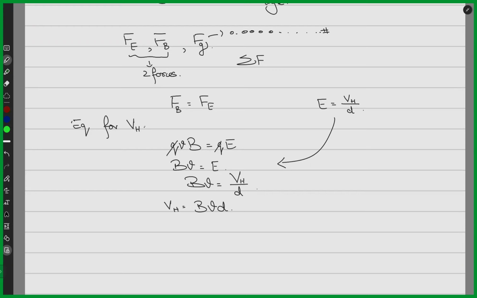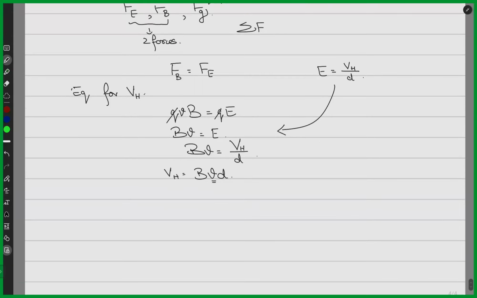What I can do now is find a relation for this velocity, which we already have, and use that relation in this equation to see how the Hall's voltage depends on the current.